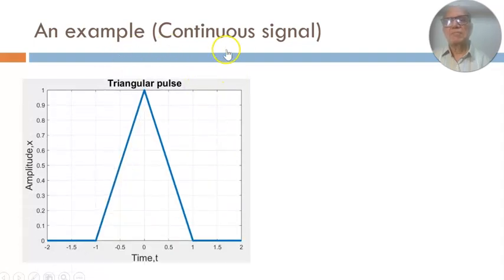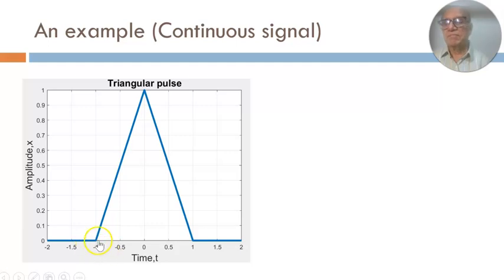So an example. Suppose you have a continuous signal like this. This is a triangular pulse. From -2 to -1, on the x-axis you have plotted time, and as usual on the y-axis you have plotted the amplitude, using the variable x. Between the times -2 to -1, the amplitude remains 0.